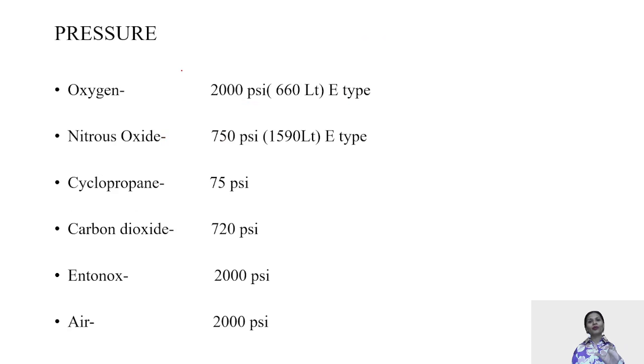There are certain pressures which you all have to memorize and revise again and again in order to remember them. Most important are oxygen, nitrous oxide and carbon dioxide. When we talk about oxygen, the E type of cylinder, which is the most commonly used cylinder, has a pressure of 2000 psi and a volume of 660 liters.